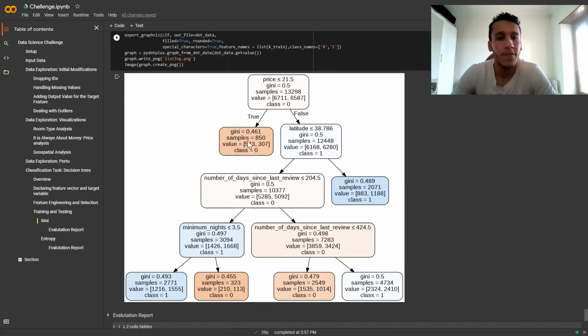We have 543 right and 307 wrong. So it's not very good, but it classified it as a leaf node. And then we ask about the latitude. We have here the samples and the value. You can see that the sum of these samples gives the upper sample number.